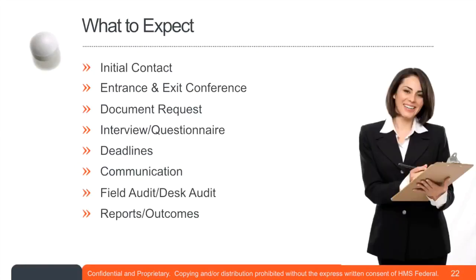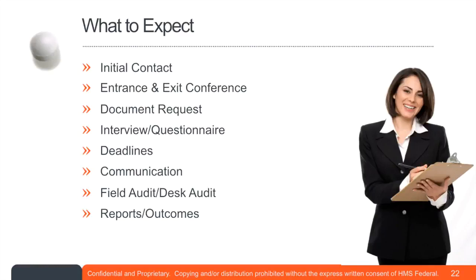Okay, so we're going to move on to being called for an audit and what to expect during that audit. So first of all, there'll be some type of initial contact from whoever is doing the auditing, whether it's a third-party payer or whether it's contractors through CMS.